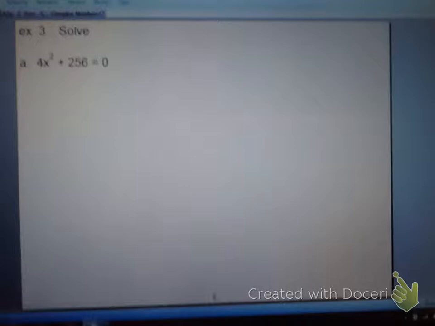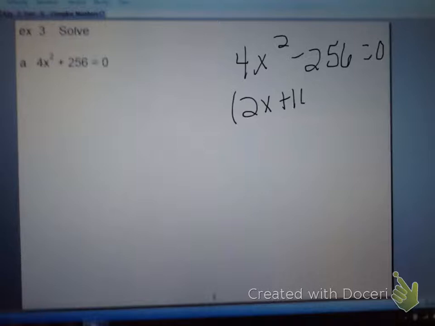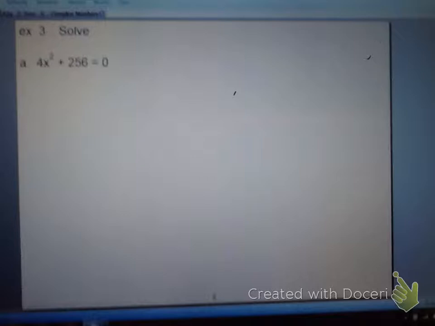Example 3, we are going to solve. So if this said 4x squared minus 256, that would be a difference of two perfect squares, and you could factor. Actually, you'd have to factor out a GCF first, but anyway, you could factor into two binomials. This is not a difference of two perfect squares because it says plus 256.